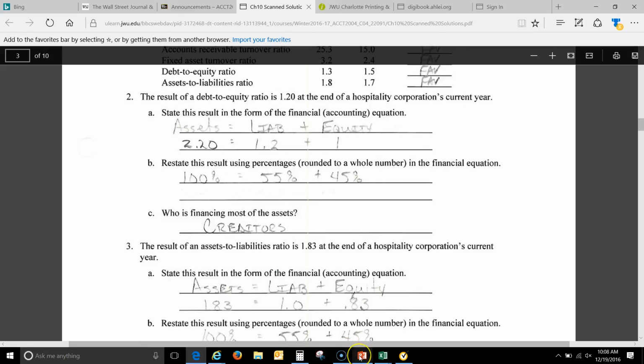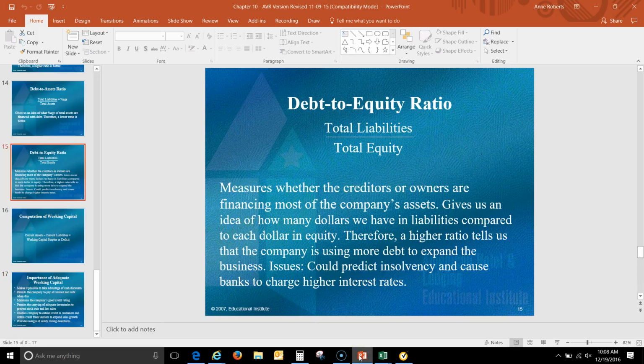All right, so if we're looking at a debt-to-equity ratio, we got 1.2. You got 1.2, then what? Okay, think about what's happening there. So we got a 1.2, got nothing to compare it to.